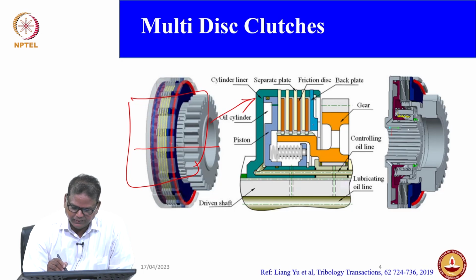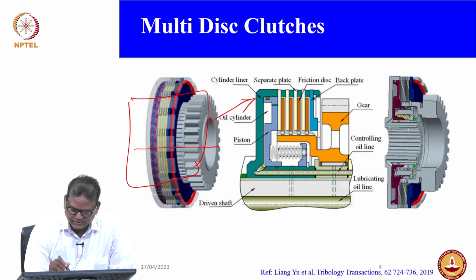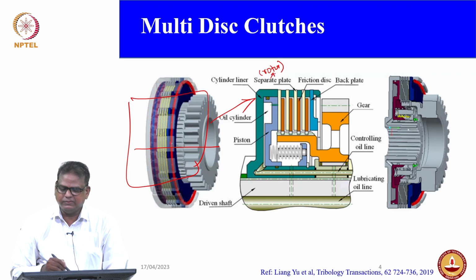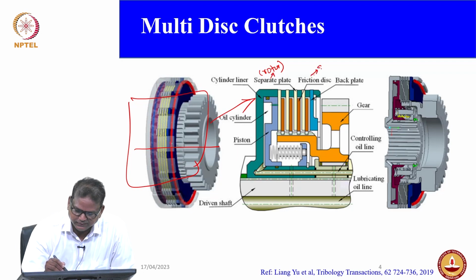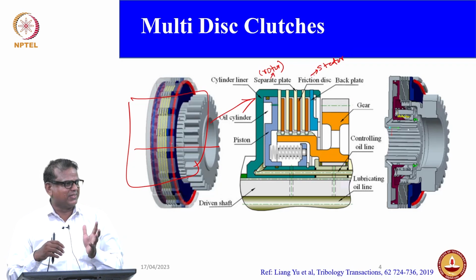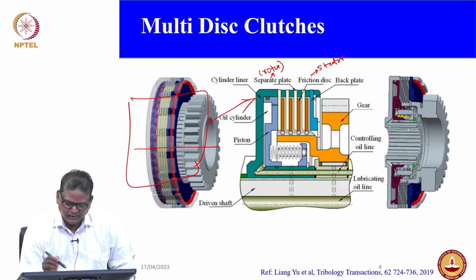This is your backup plate, then you have a separate plate in between, and friction discs are also there. The separate plate is called a rotor, and the friction disc is called a stator. Hope you remember what rotor and stator mean, one is rotating, other one is fixed.